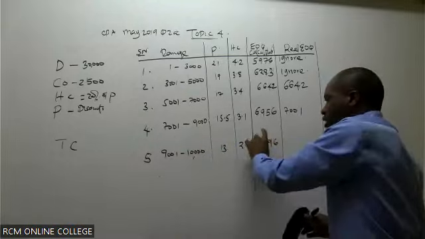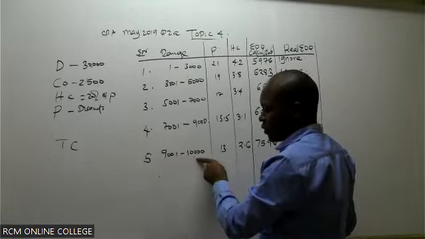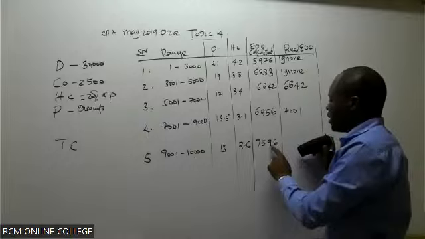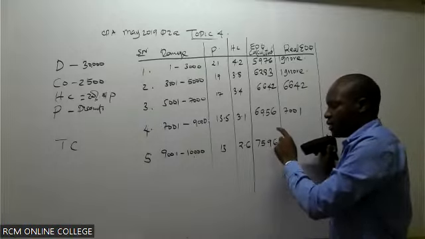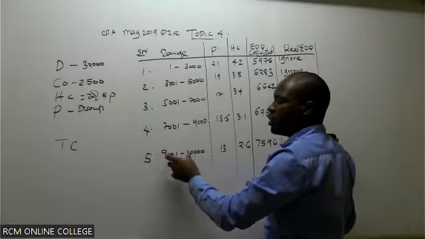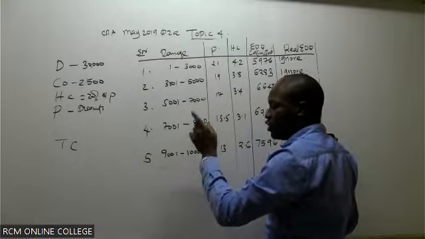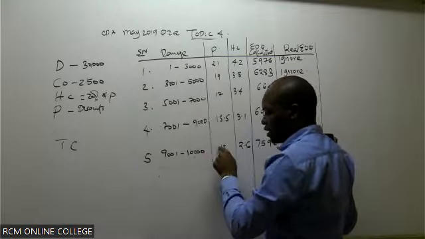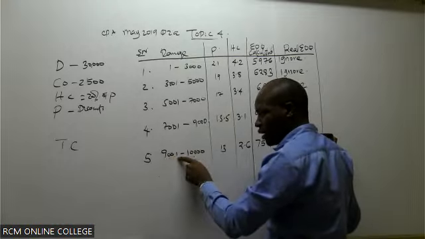Now, if I come to this range, it is 9,001 to 10,000. My calculated economic order quantity is 7,596. It is below this 9,001, below this range. But for me to be able to purchase these goods at 13 shillings, I must order at least 9,001.